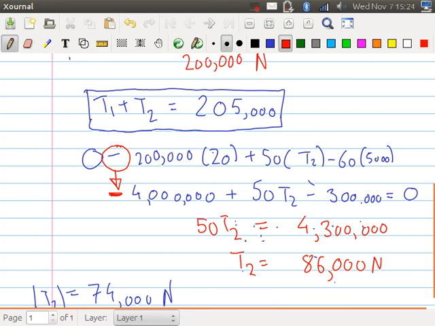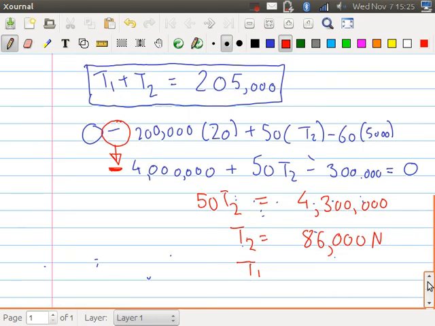Okay. Now, if I put that T2 in there, so Mustafa, 205,000 minus 86,000. No, minus. 205,000 minus 86,000. Should be 1 something.